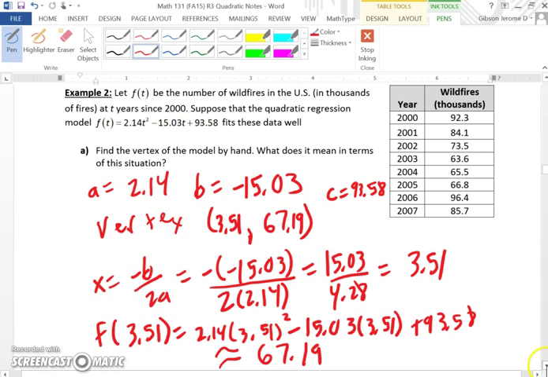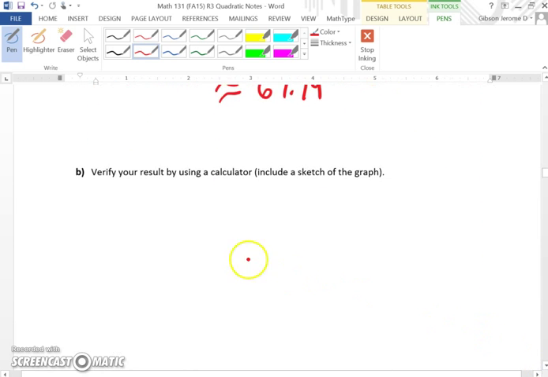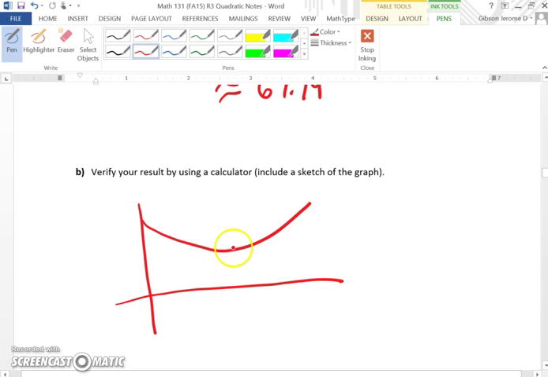Now, we go down here to b. It says verify your result by using a calculator. Include a sketch of the graph. Now, if you put the formula in your calculator and then graph it, it would look something like this. And remember, we're approximating. And we had 3.511 because in your calculator they have it as 3.511.